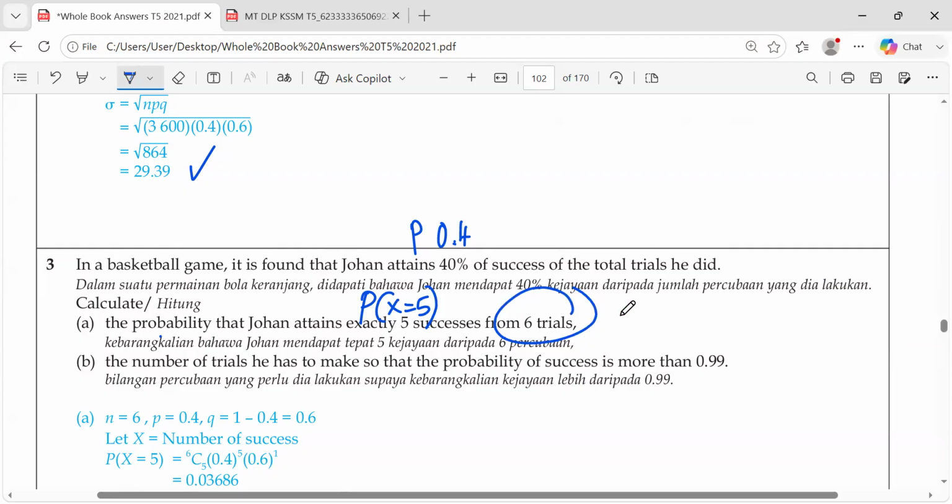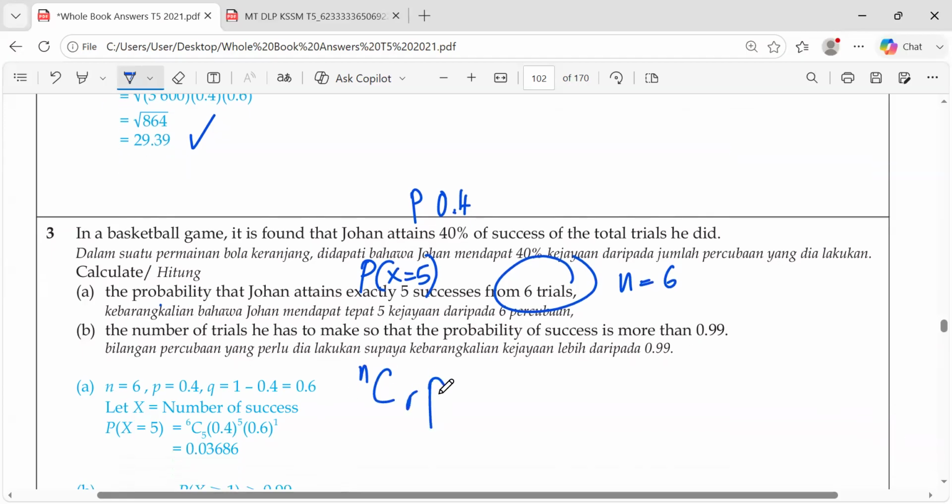From 6 tries means that the sample is 6, so n is 6. The P you just substitute. The Q is 1 minus P, 0.6. Then 0.6 to the power of n minus r. Then you get the answer.